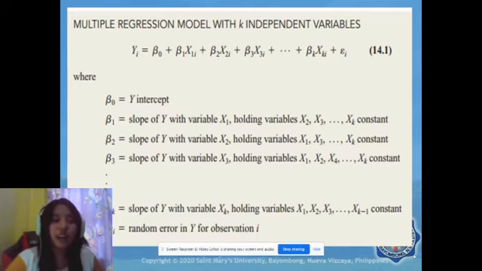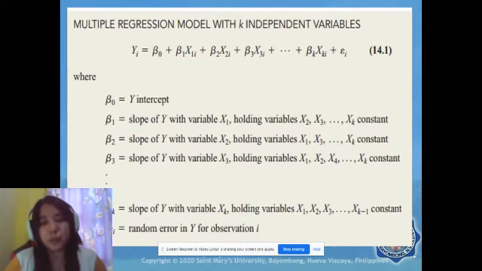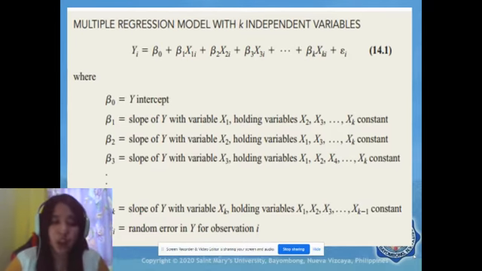In general, beta sub k is the slope of y with variable x sub k, holding variables x sub 1 until x sub k minus 1 constant. And just like in simple linear regression, we also have e sub i, the random error in y for observation i.